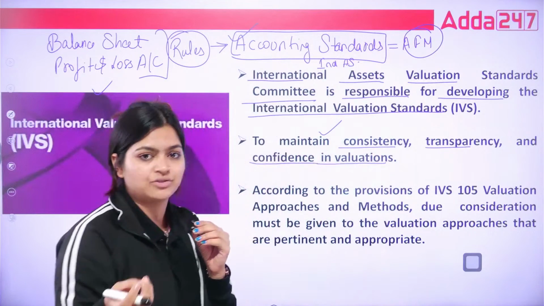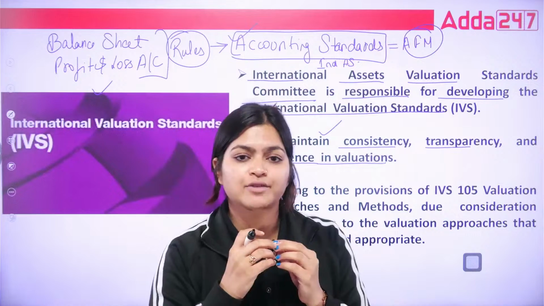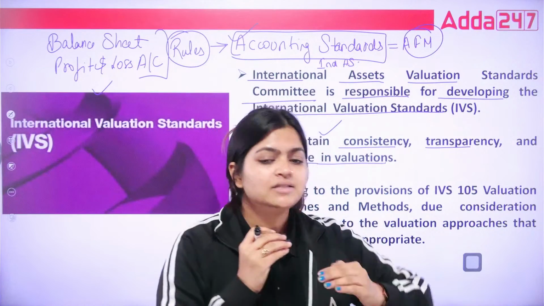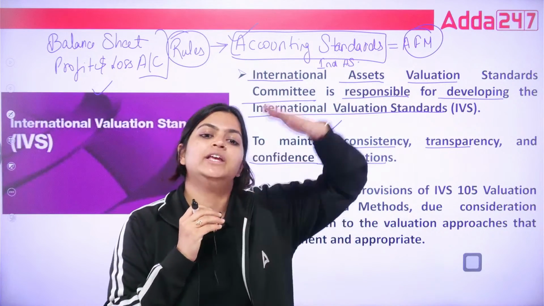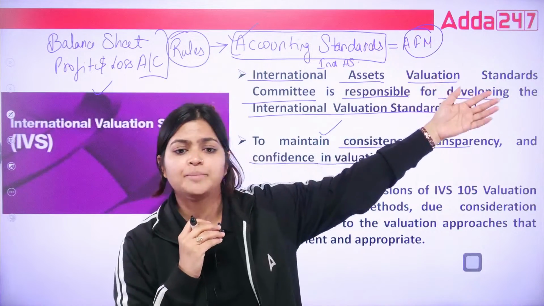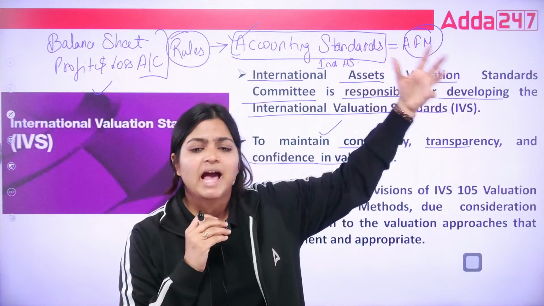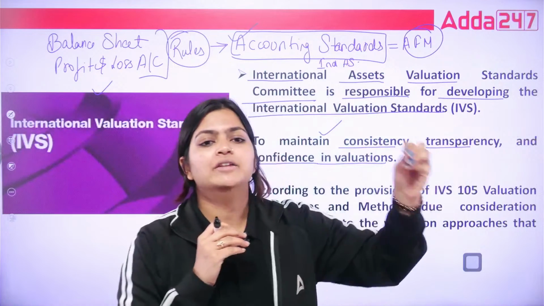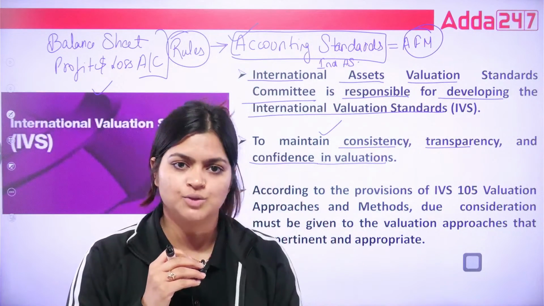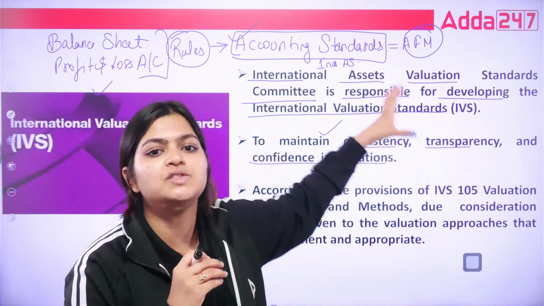confidentiality in the valuations. The confidence they are maintaining in the valuation means if you want to value any foreign company like Tesla or Apple, you can value it while sitting in India also, because you are going to follow this set of rules.